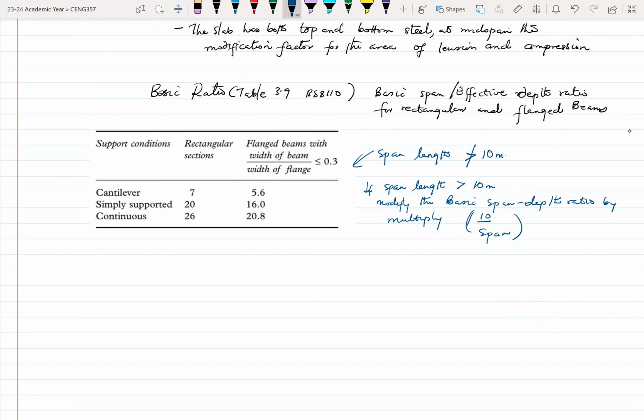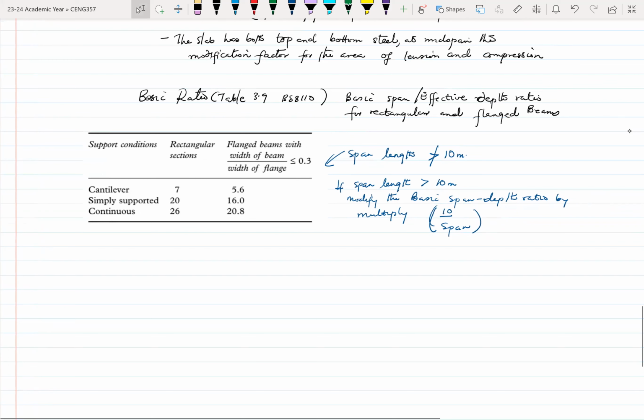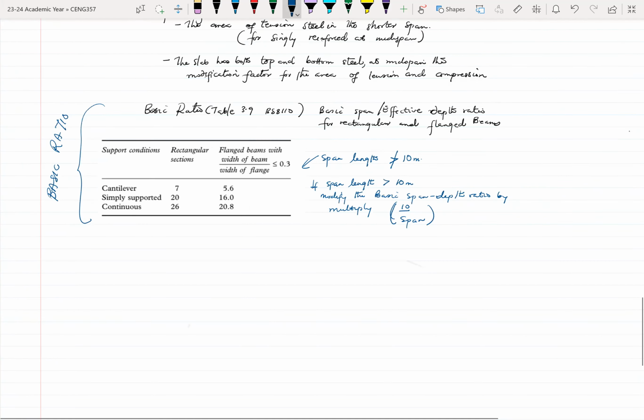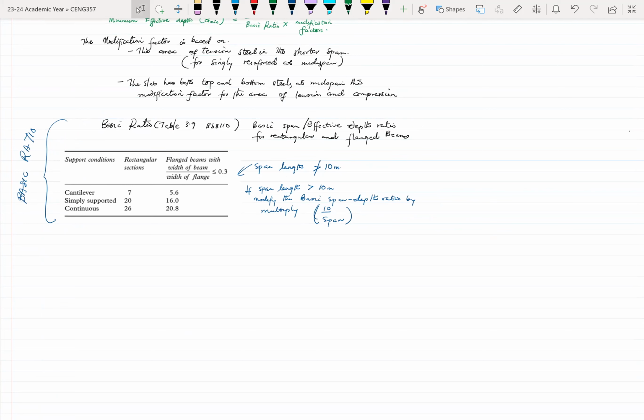So if your span is 12 meters, then it becomes 10 over 12. All right. Okay, and this is for the basic ratio, as in the equation that we wrote earlier. Now let's look at the modification factors. That's one for tension, that's one for compression.